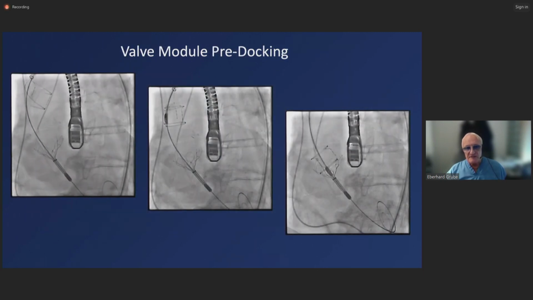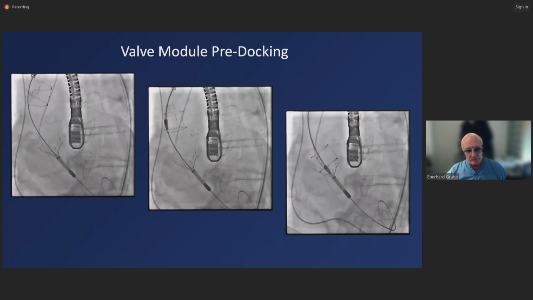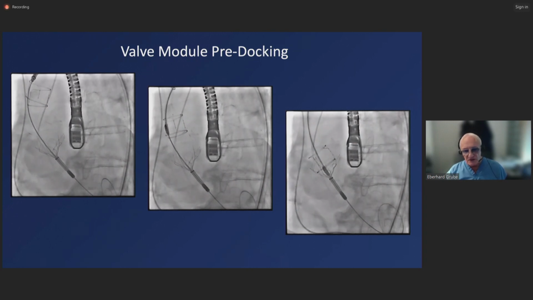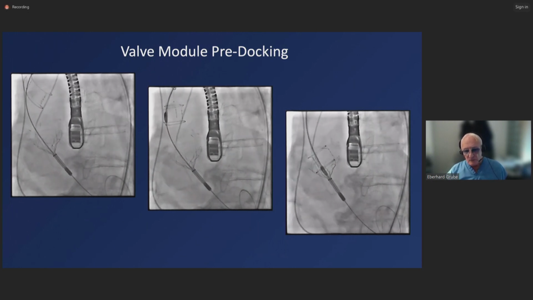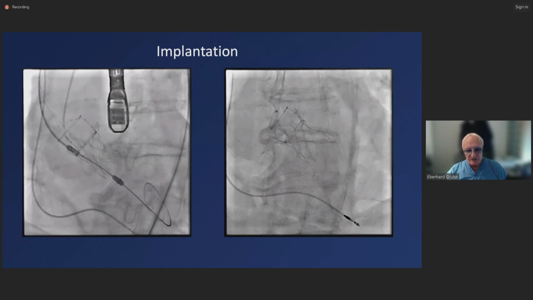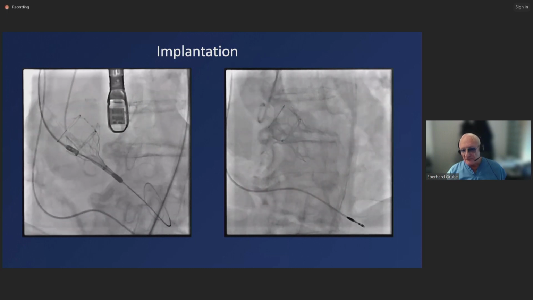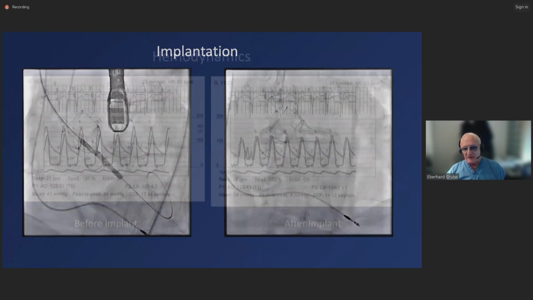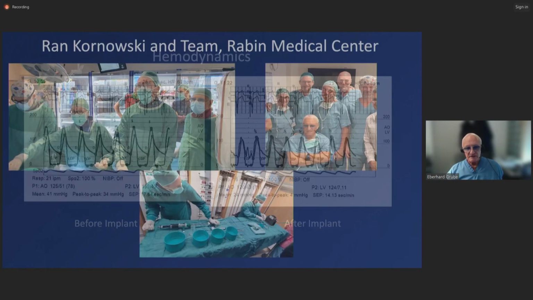Then you can see the valve module pre-docking as it is deployed within the ascending aorta and then assembled with the anchoring module. Finally, you implant the valve by pushing slightly forward into the annulus, and then you have this result shown on the right side with very great hemodynamics in this particular first patient.